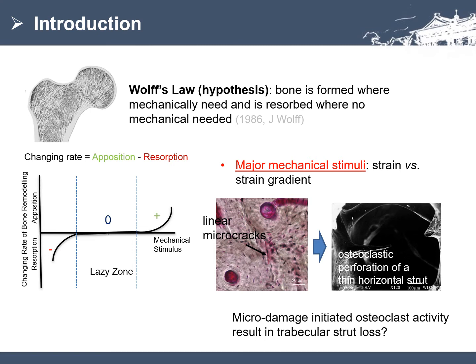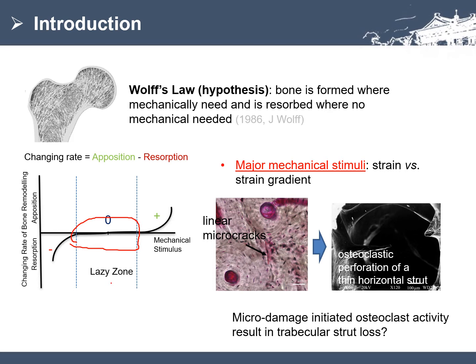When it is between these two thresholds, it is considered the lazy zone, where nothing is going to happen. And when it is beyond the second threshold, it is considered a bone formation zone. However, this algorithm has certain limitations.